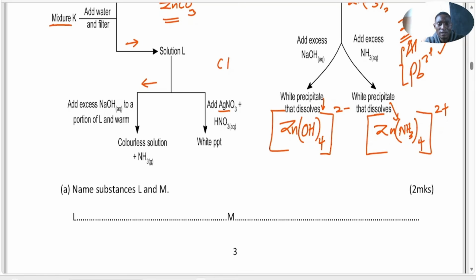It is only the chloride of silver that cannot dissolve, because we know the chloride of lead always dissolves on addition of acid. So this shows that there are chloride ions here, and the chloride ions create the ammonium salt. So this means that L was ammonium chloride.